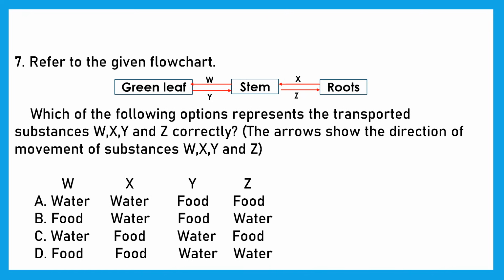So Y and Z should represent food. And what comes from roots to stem and green leaf? It is either water or minerals, right? And in the options we have water. So X and W should represent water. So the right option is option A. W and X is water and Y and Z is food.